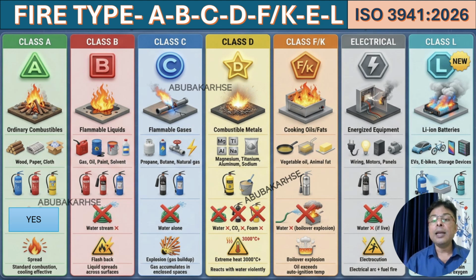Next is the electrical fire, called the E type fire. It happens with energized equipment due to short circuits, in wiring, motors, and panels. In this case, you should use the CO2 fire extinguisher.